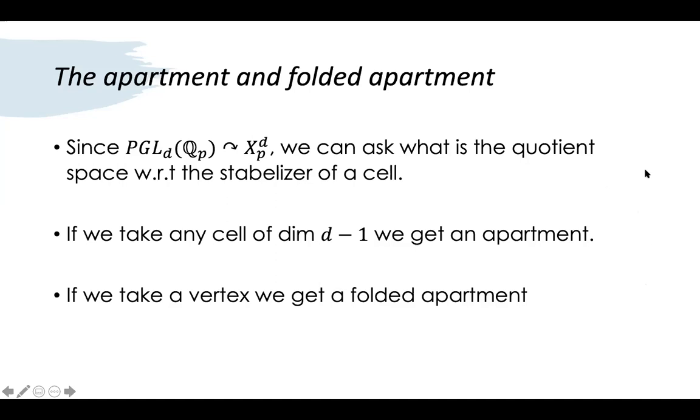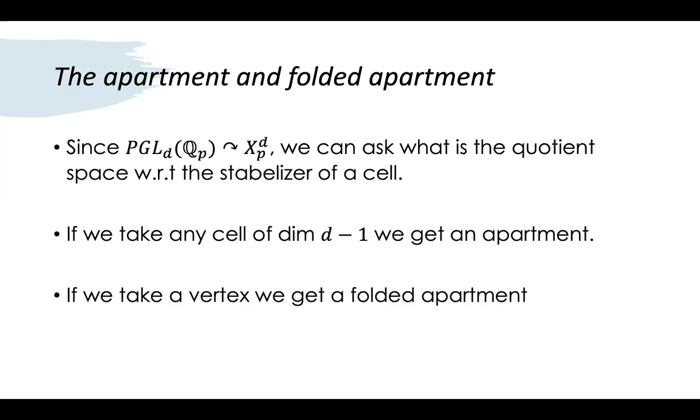Now we can ask ourselves, if we take the building, so behind me, there's the two-dimensional building. If we take that building and we take the group PGL DQP and we ask, what are the elements of PGL DQP that stabilize a specific triangle? So I take a specific triangle in the picture behind me, and I ask what happens when I take the quotient space of the building with respect to the action of the stabilizer.